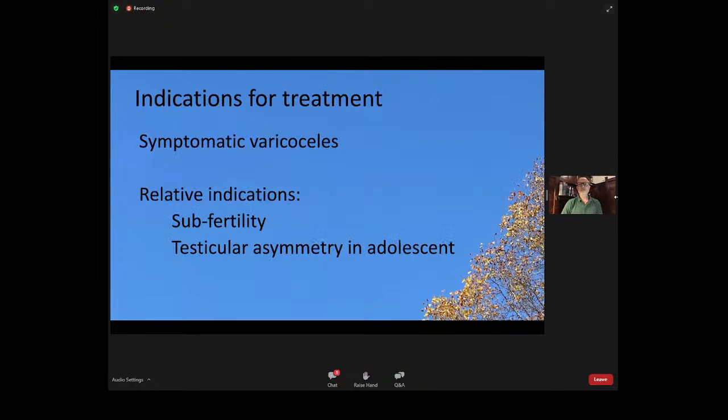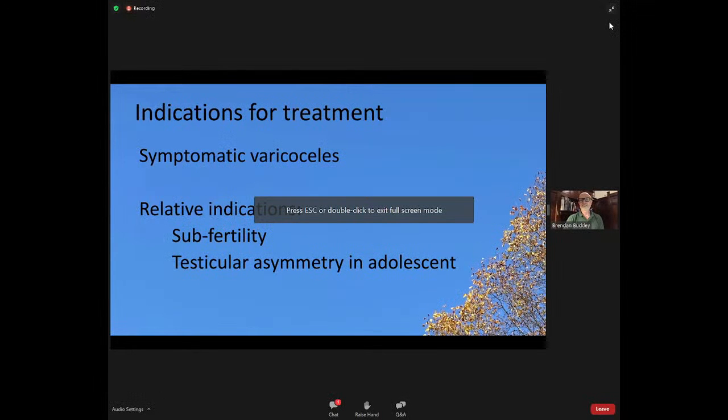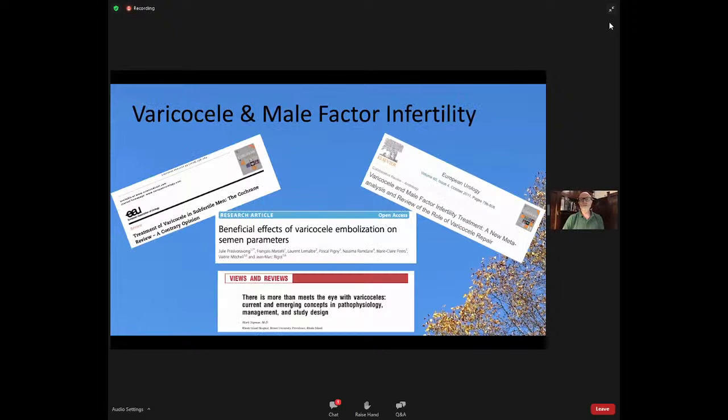So, the indications for treatment: obviously symptomatic varicoceles, and early on in my career these were the majority of cases that we treated. But now, as I said, subfertility and, in adolescence, testicular asymmetry are more common causes for treatment.